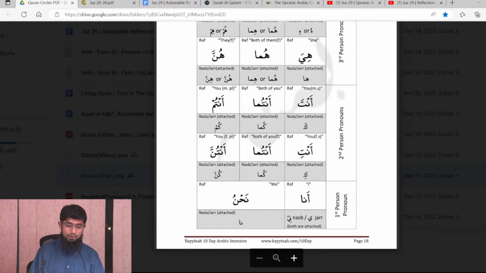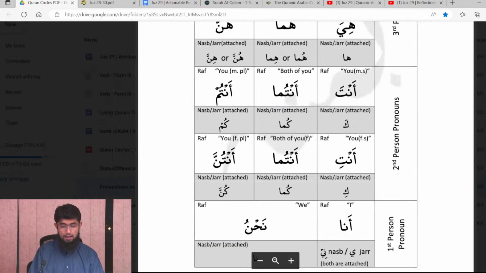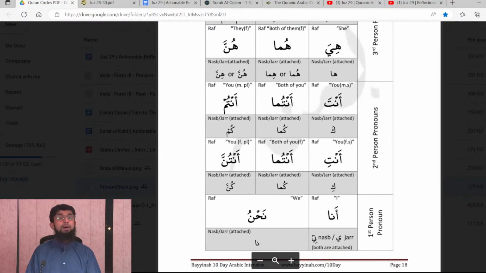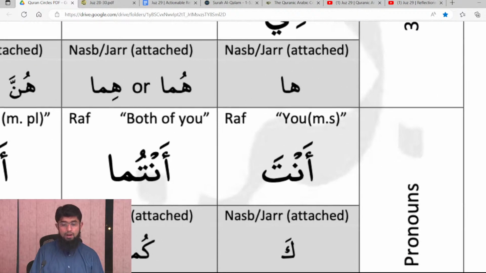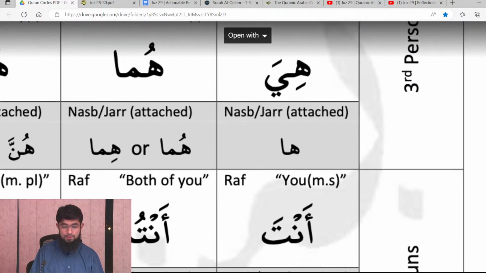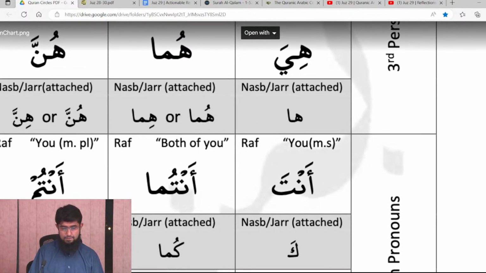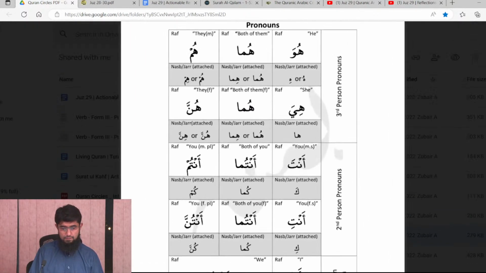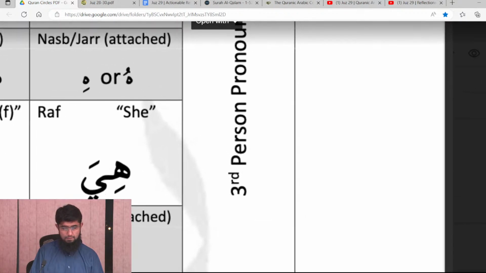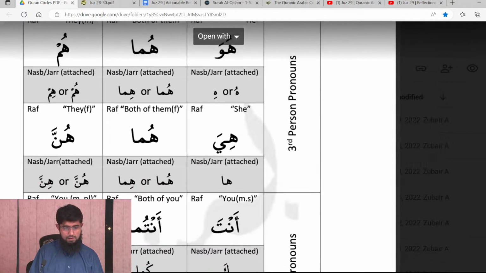If you look at our pronoun chart, what we talked about earlier is, if you think about the English language, you have the pronoun for a third person male, which is he.